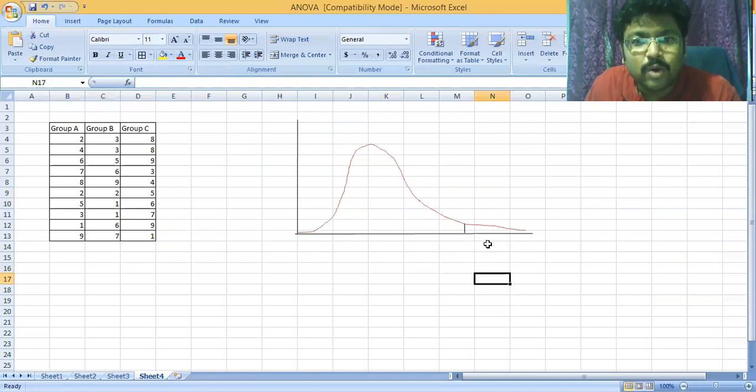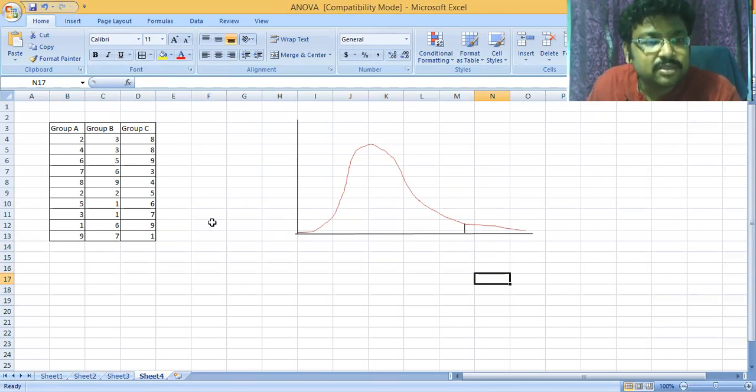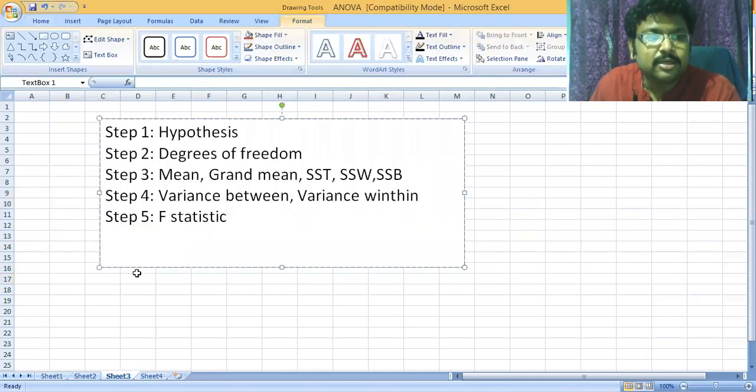And what is the critical value? The F statistic table value we should find by calculating our next step, the degrees of freedom.